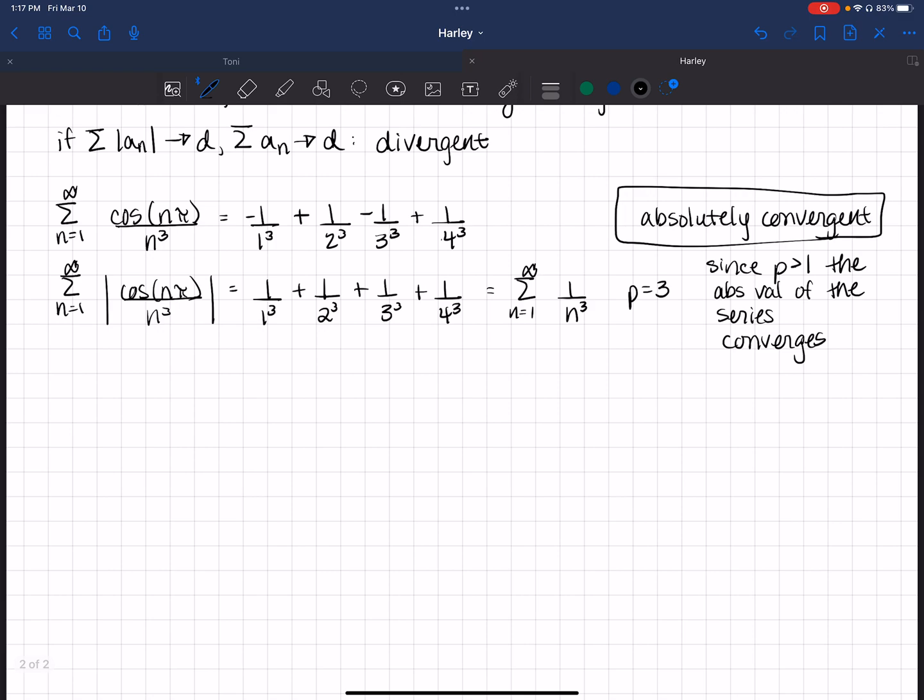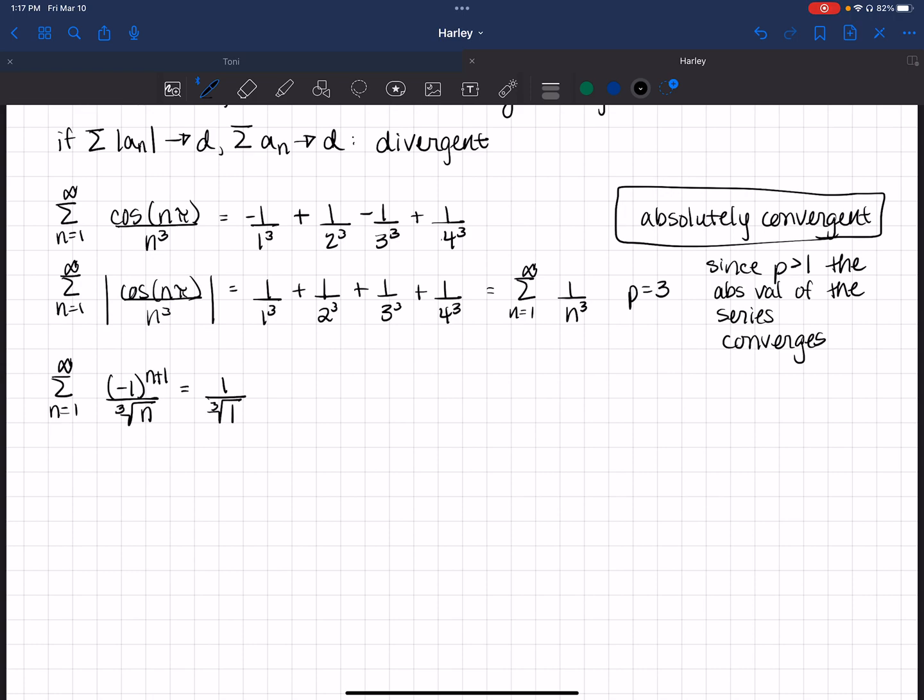What if I have the summation of n equals 1 to infinity of -1 to the n plus 1 all over the cube root of n? So let's write out what this looks like to start with. I'm going to write out a few of the terms in the series. If I put 1 in there, I get -1 squared, which gives me 1 over the cube root of 1.